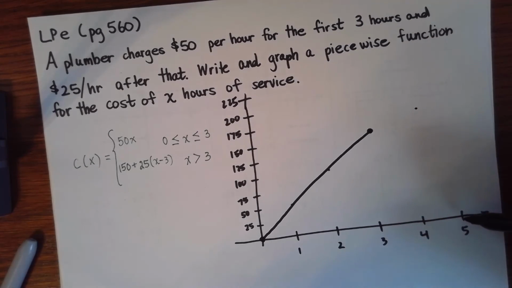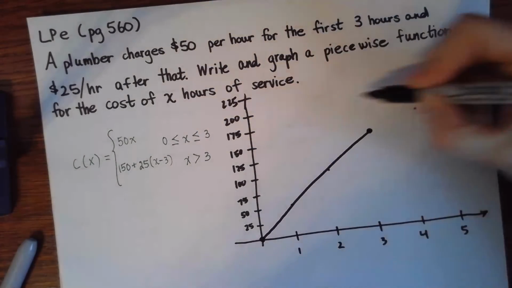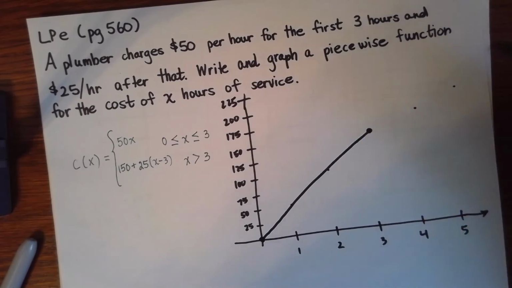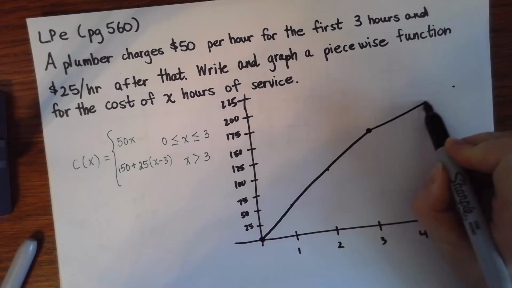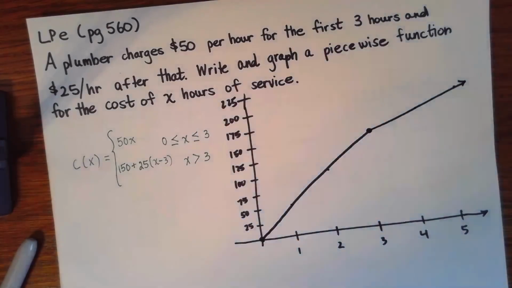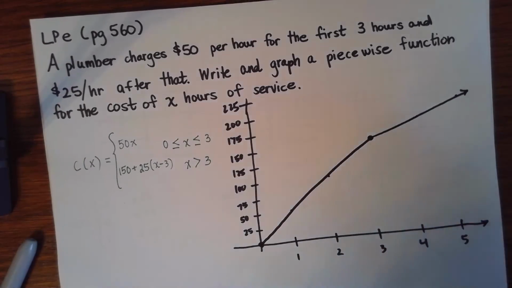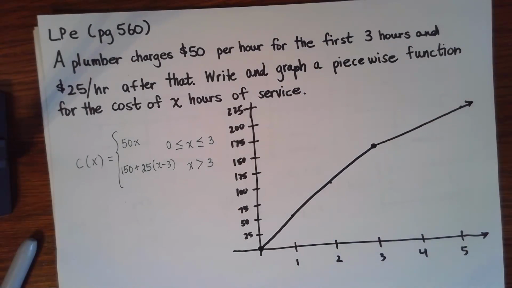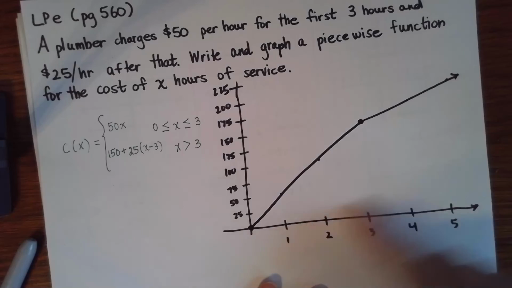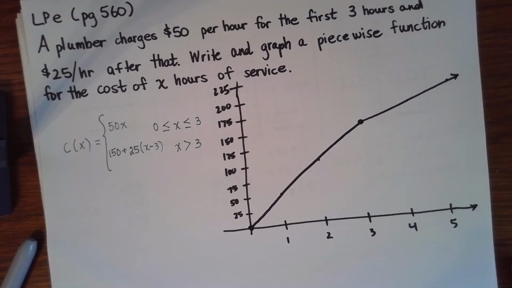And then in another hour after that, it's only going to go up another $25. So the rate changes, and it's going up at a different rate after the 3. Still it's going up in a linear rate, just slightly slower. So that's what the graph would look like for the plumber's service charge.